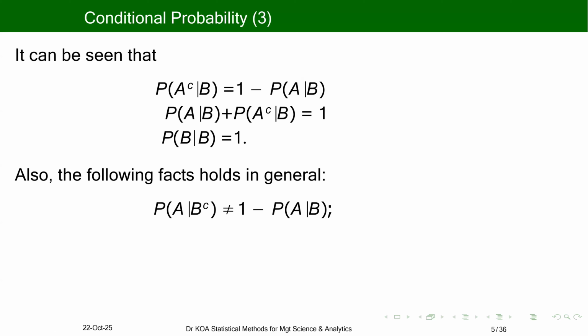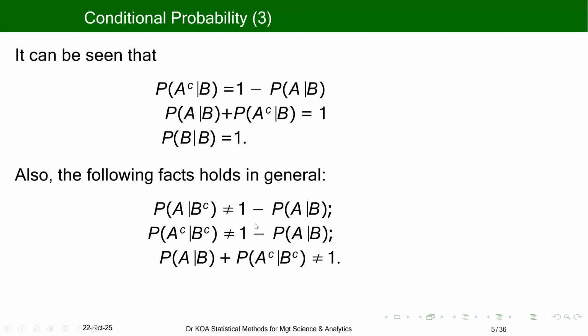It's not the same. So you can't say that proves that. And if that doesn't hold, then obviously this doesn't hold, and obviously this also doesn't hold. I mean, it's not true.